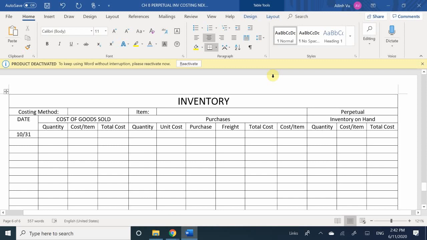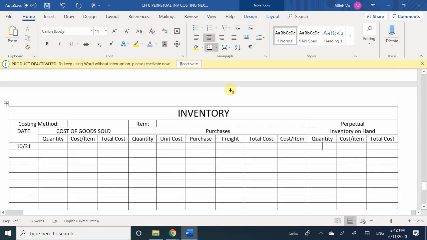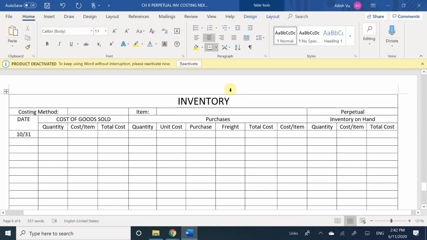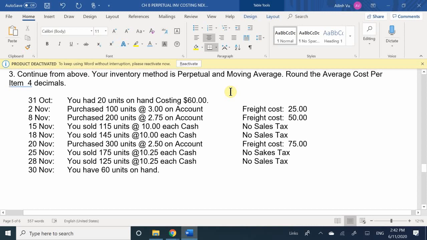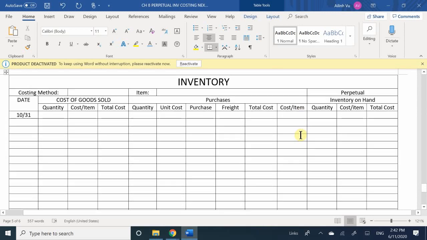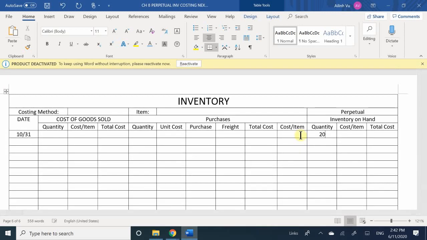Okay, so for this, we started off with how many units? 20 units. Okay, remember we have beginning inventory on October 31st. We have 20 beginning, and it cost us $60, okay?